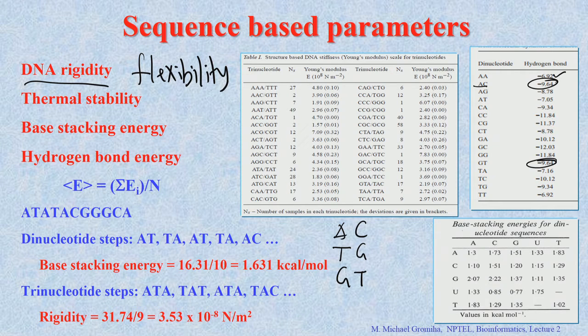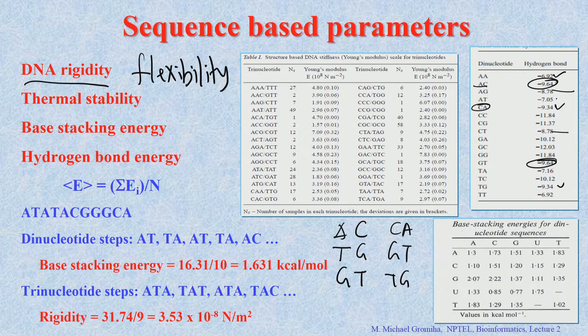Likewise, if you take the AC or the CA, CA is equal to GT, so TG. This is 9.34 and GG is 9.34. How many unique pairs? 12. AG and CT will be the same, and this is 1.05.